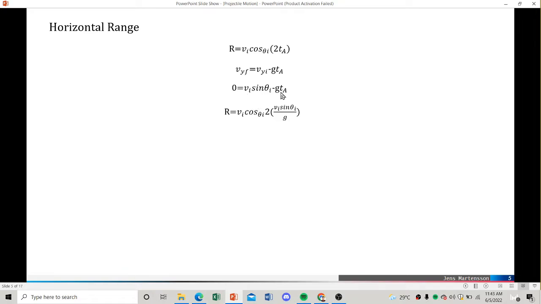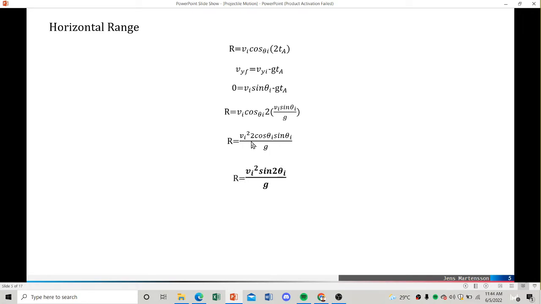So now in terms of time a, this equation, we have vi sine theta i over g. So r is equal to vi cosine theta i times twice the time a, that is vi sine theta over g. Okay? So now we came up with this equation, vi squared, multiplied, 2 cosine theta times sine theta over g.